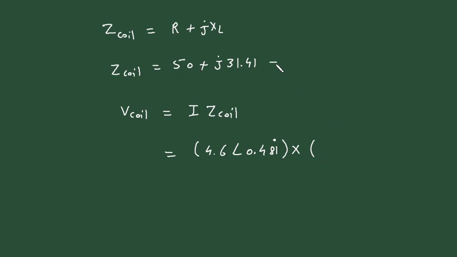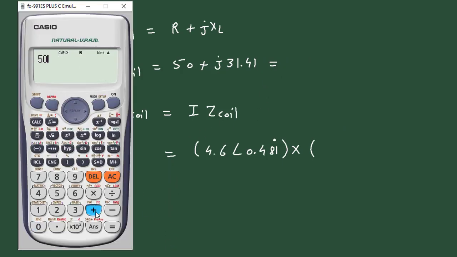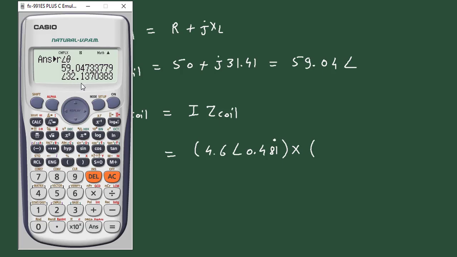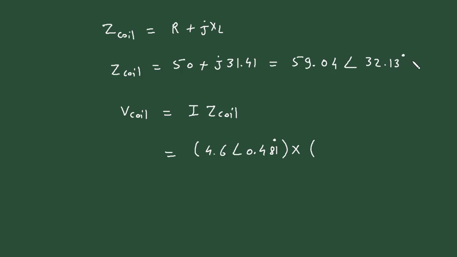We can convert Z coil into its equivalent polar form. 50 plus j31.41 is equal to, using shift 2 3, 59.04 at an angle 32.13 degree, and since it is impedance, its unit will be ohm.